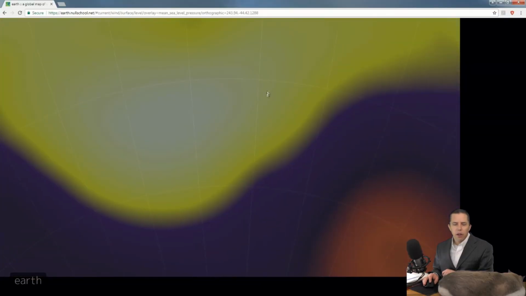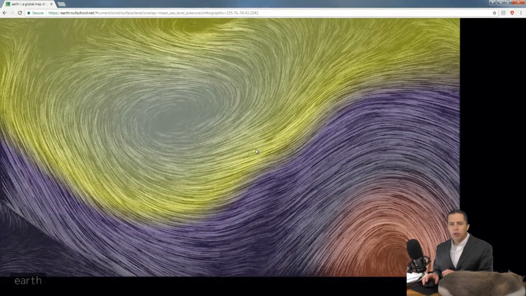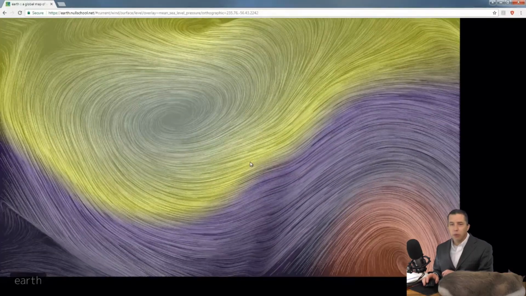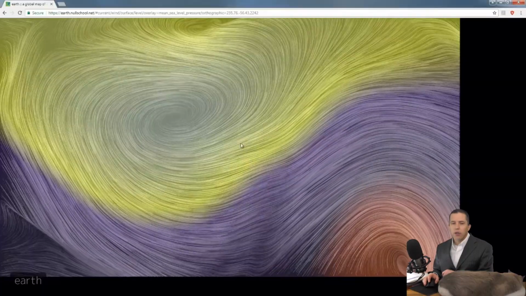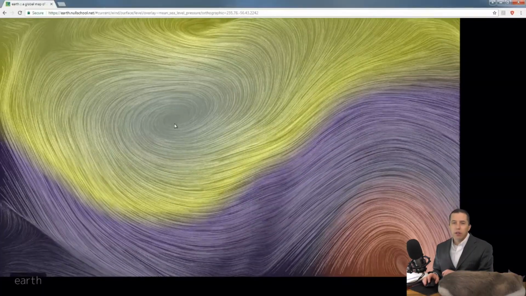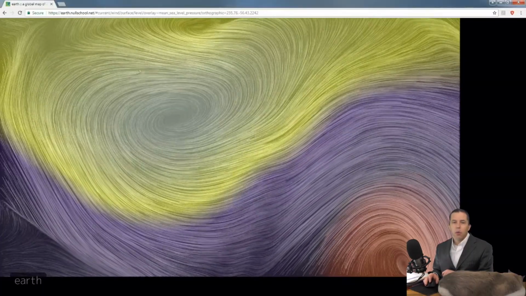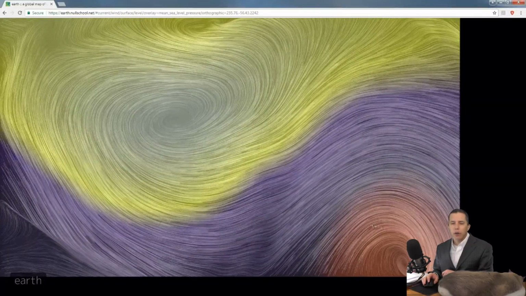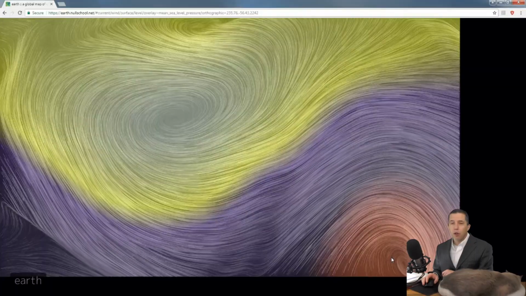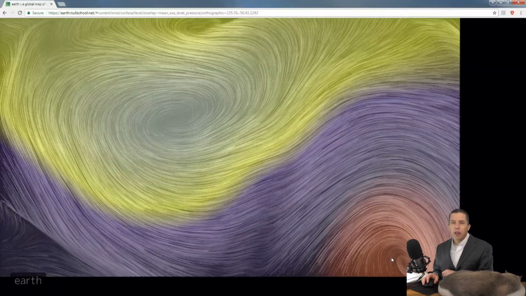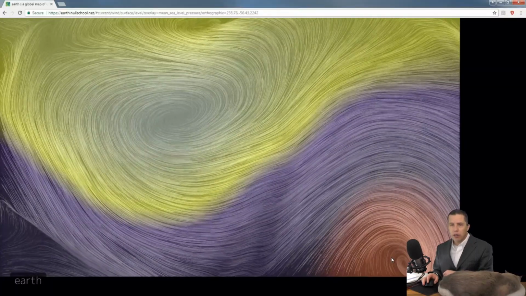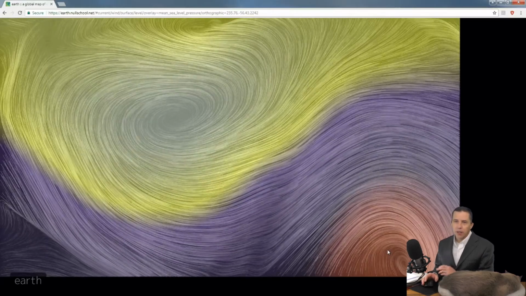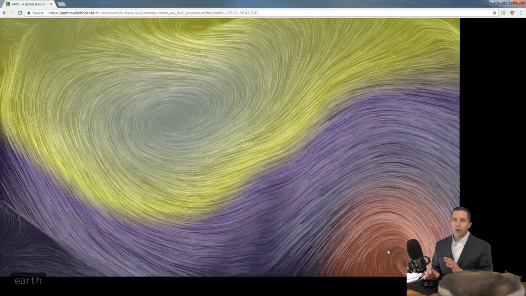So there is a rule regarding the winds around highs and lows, but it depends on what hemisphere you're in. If you're in the southern hemisphere, wind goes counterclockwise around a high and clockwise around a low. If you're in the northern hemisphere, it goes clockwise around a high, counterclockwise around a low. Okay? So why is this? Well, this has to do with the famous Coriolis effect.